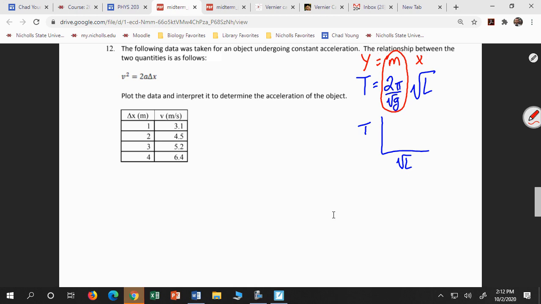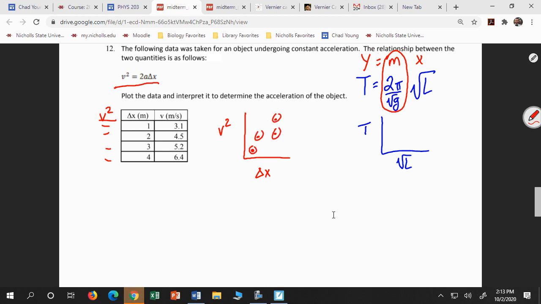You're going to have to do something similar. For example, on this problem, where I give you the function, which is v squared equals 2ax, what you're going to plot is v squared, that is your dependent variable, versus delta x. So you have to create another column here where you calculate v squared and then plot it versus delta x.